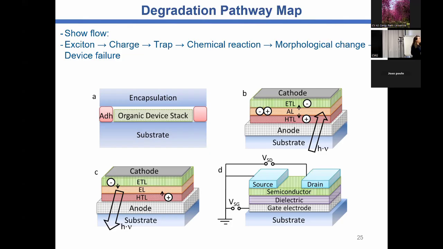So in terms of stability, intrinsic stability is one aspect. In terms of extrinsic stability, we can deal with the encapsulation of the devices and overcome the outside stress on the organic device stack.